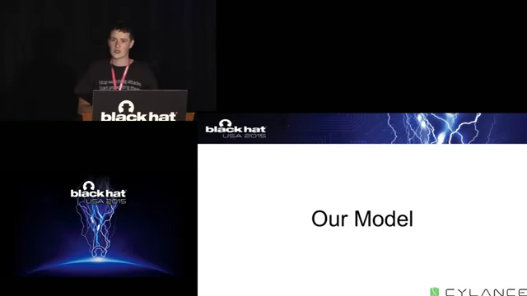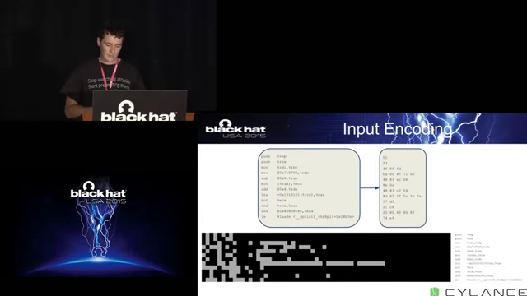So how do we use all this for malware detection? I'm going to describe our model. We're going to disassemble a PE and turn it into a list of instructions. We have human-readable mnemonics, and then we turn it into just the hexadecimal encoding. This hexadecimal encoding has a binary representation, and that's all we're doing here.